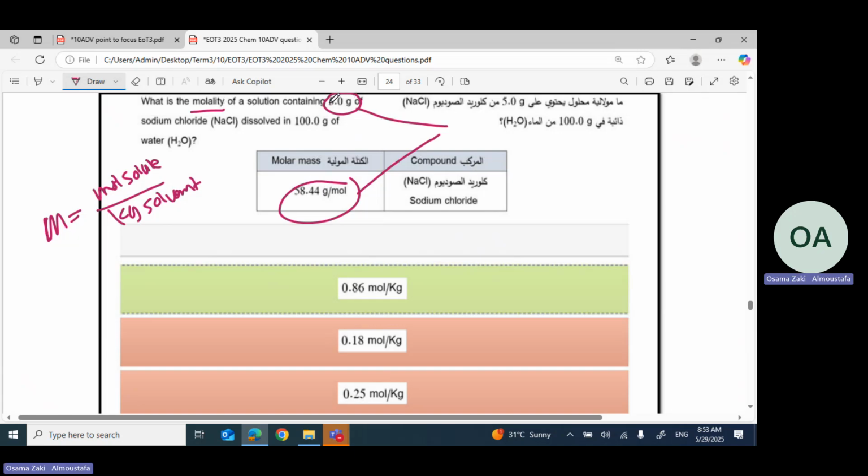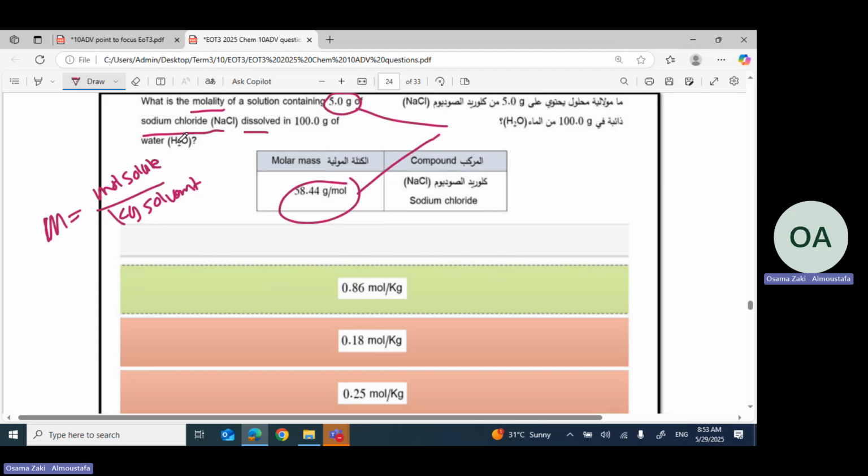Okay, because they said 5 grams of sodium chloride. So this sodium chloride is dissolved in water. Look, dissolved in water. So this is the solute. Since this is the substance which is dissolved in water, this is the solute and water is the solvent, and you can also compare the masses. Okay, 5 grams and 100 grams. So this is the solute.